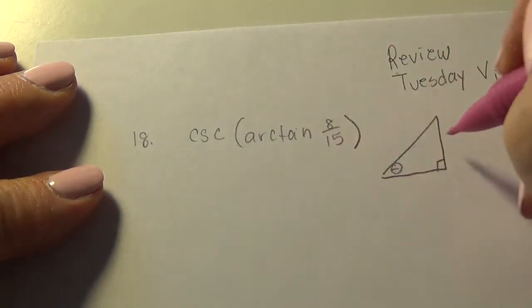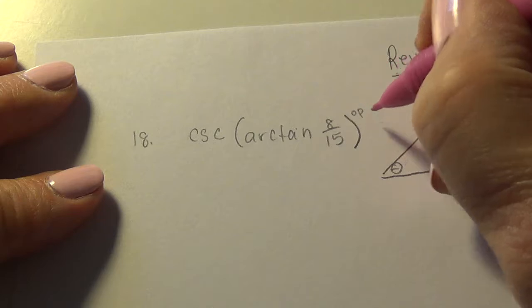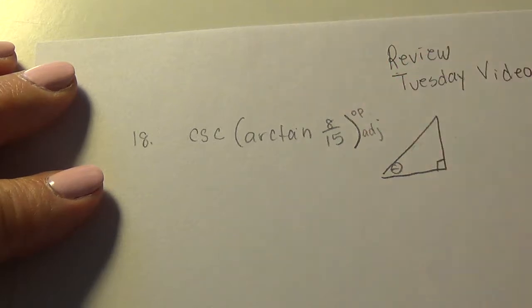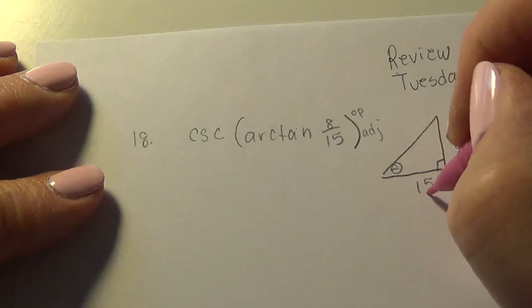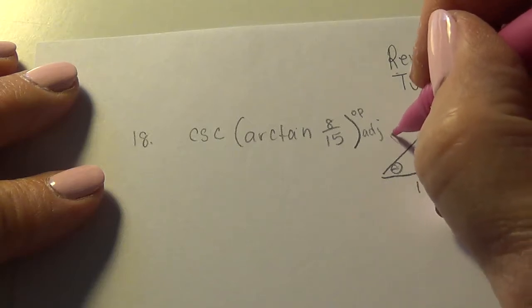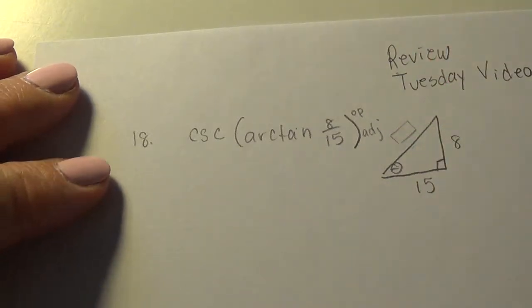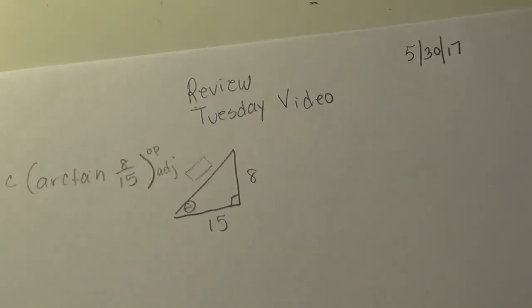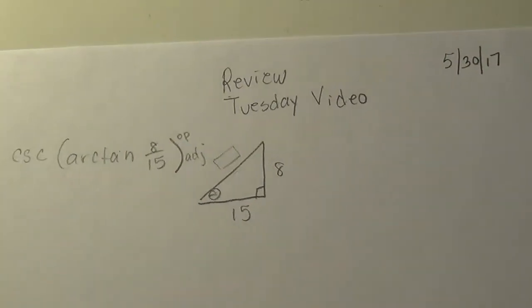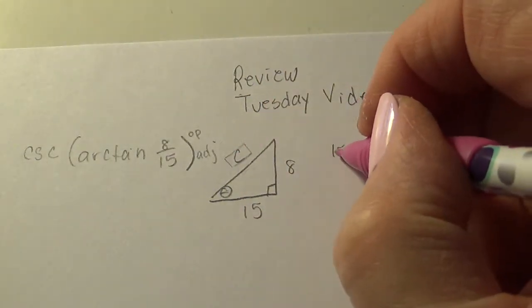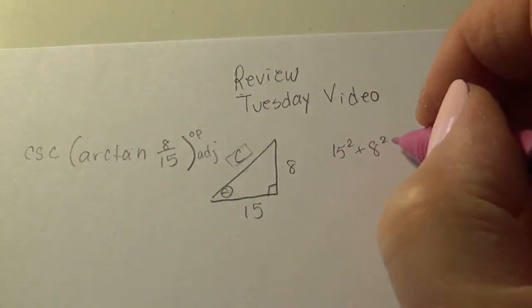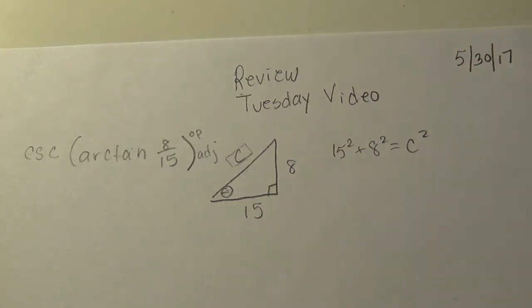Tangent of this angle is opposite over adjacent. So the side opposite the angle, adjacent. And now we have to come up with this number right there. Working over on the side, we'll call that C: 15 squared plus 8 squared equals C squared.